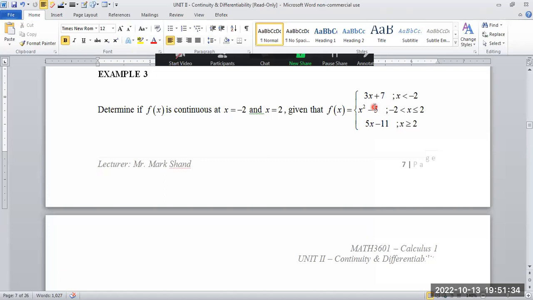Sir, can you explain the left to right thing with the x? Come on, guys. Sir, I think it's 3x plus 7, because the negative is on the left.